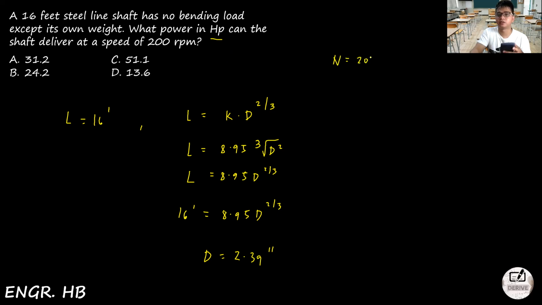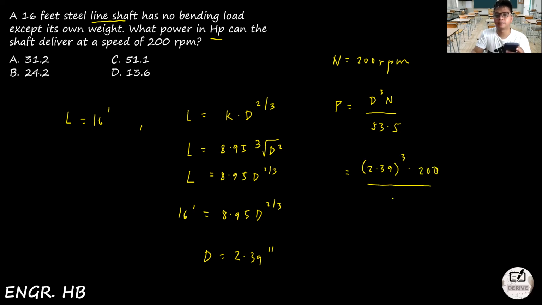So our speed is in 200 RPM. And we all know that the given type of shaft is a line shaft. Meron niyang formula na power is equal to D cube n divided by constant which is 53.5. No? So meron naman tayong diameter in inches na rito and we have the RPM here and everything will be direct sub at this point. So it will become 2.39 cube times the RPM of 200 divided by 53.5.